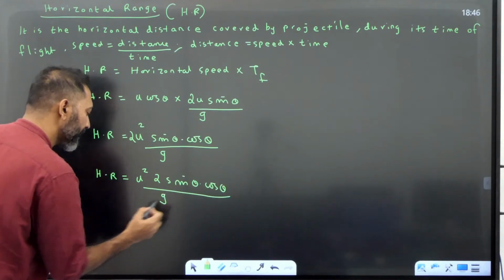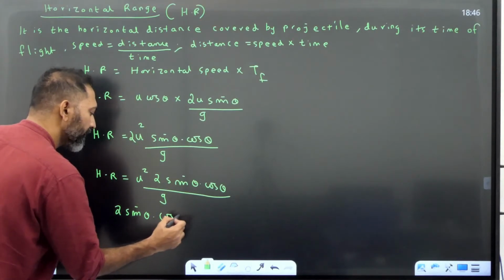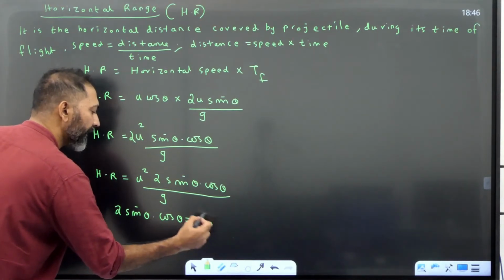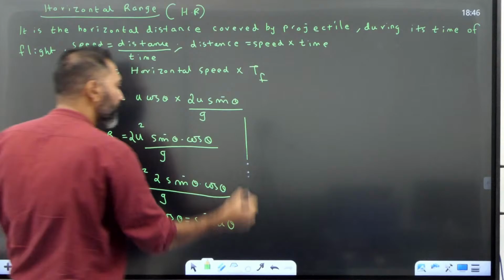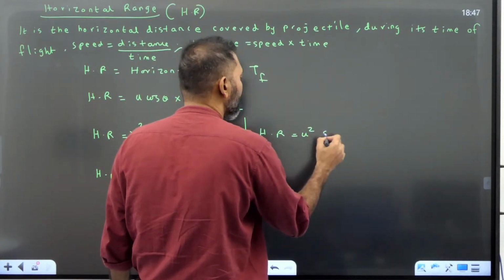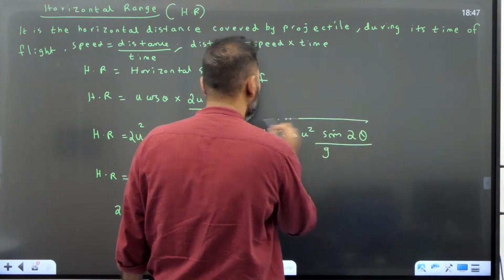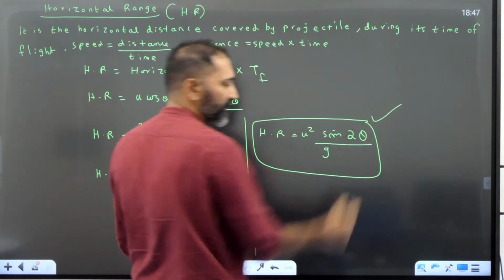But I know that 2 sin theta cos theta is equal to sin 2 theta. What is the equation for horizontal range? u square sin 2 theta by g.